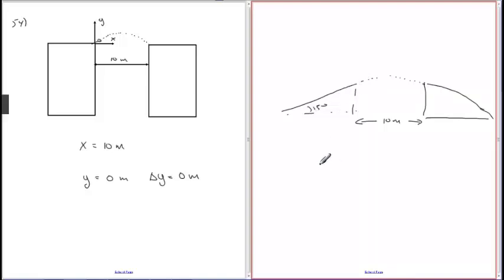So we have two relationships. We have the x direction. So the x direction says that v sub x is equal to v0 sub x, and also that delta x is equal to v sub x times time.